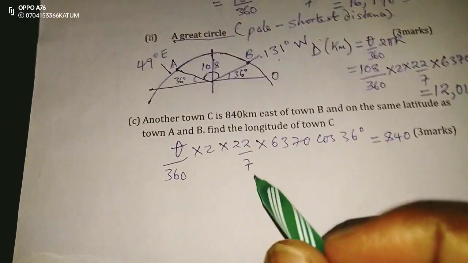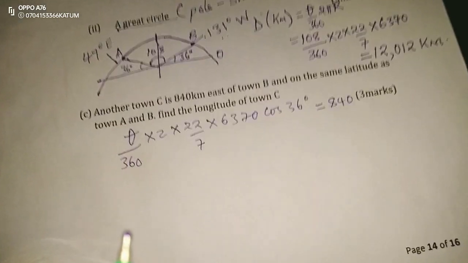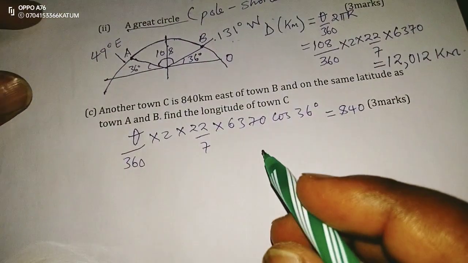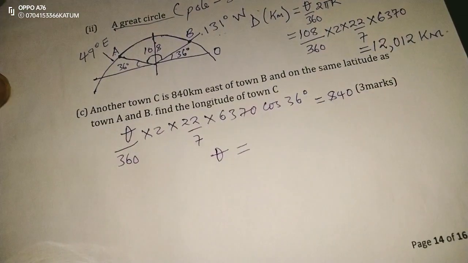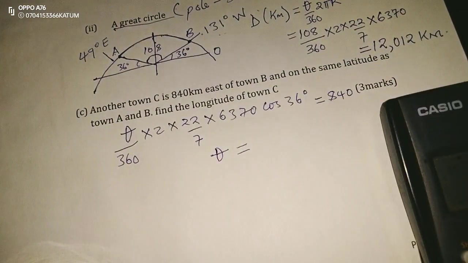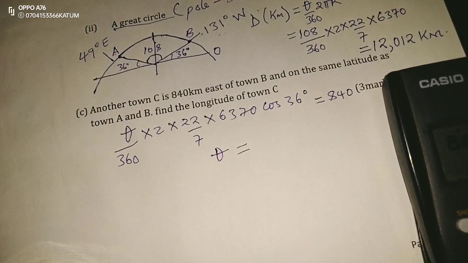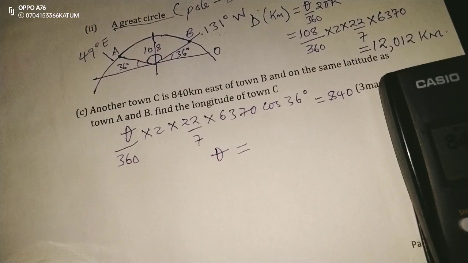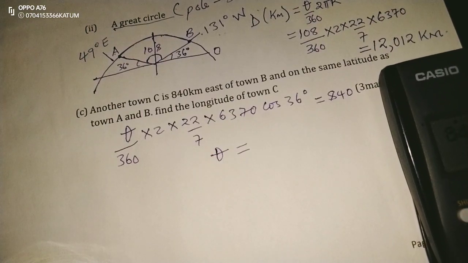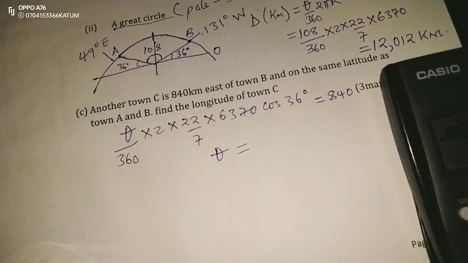For us to remain with theta, or rather the angle difference, let me use my calculator so that I take 840, I multiply with the denominators here, 360 and 7, then I divide by the numerators, which are 2 by 22 by 6370, the cosine of 36.